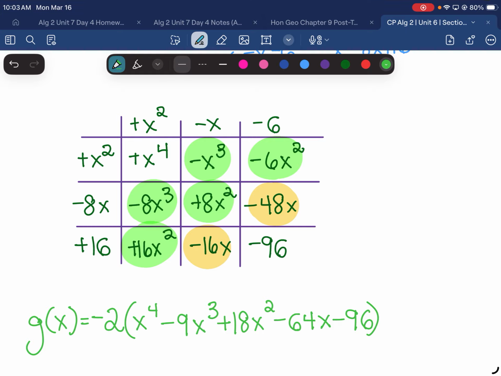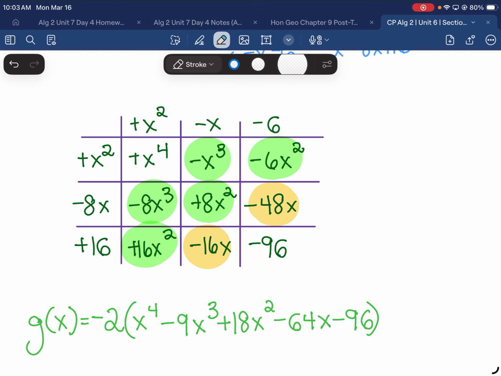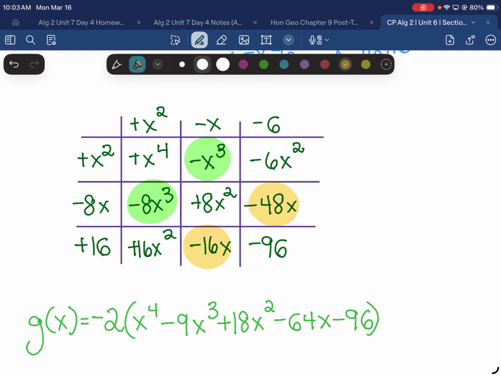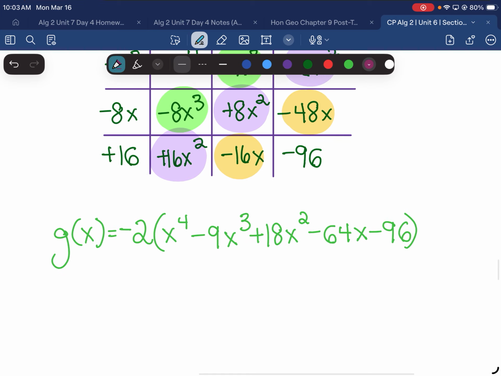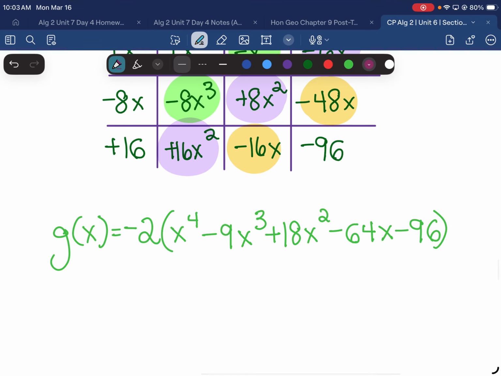Kind of questionable on a Monday morning. I meant to do these in a different color, sorry. Okay, now the only thing left to do would be to distribute that -2.